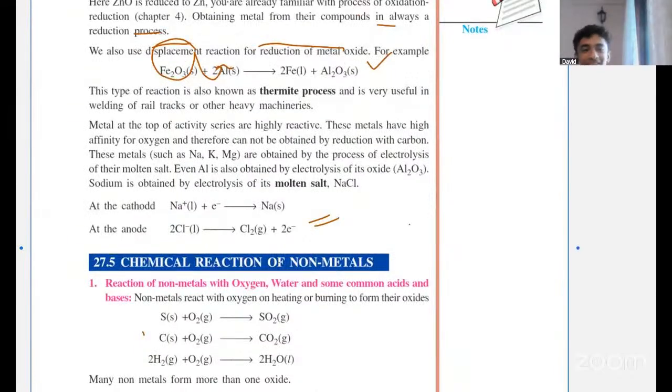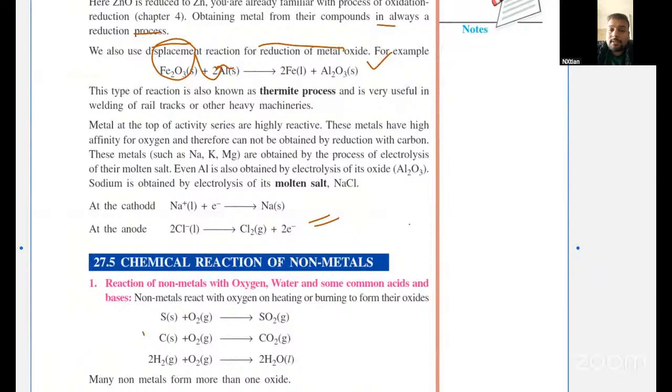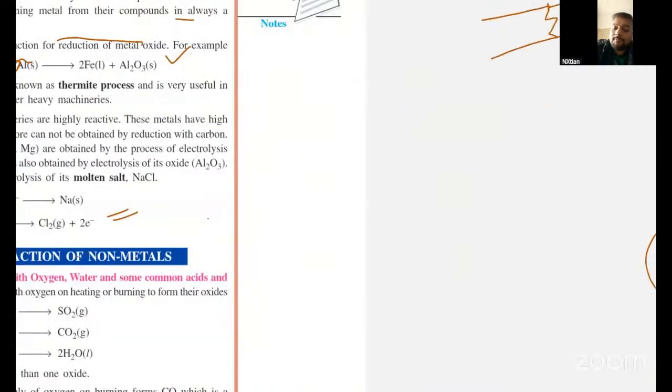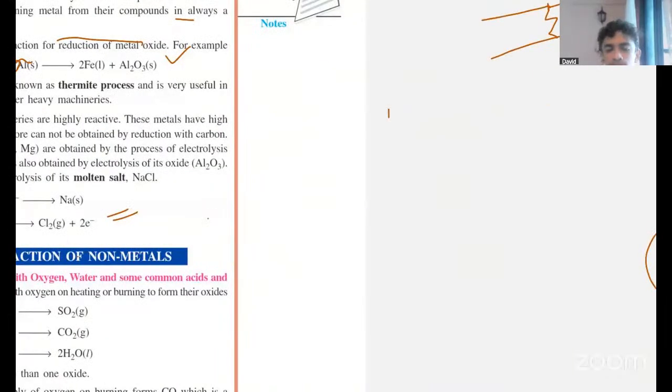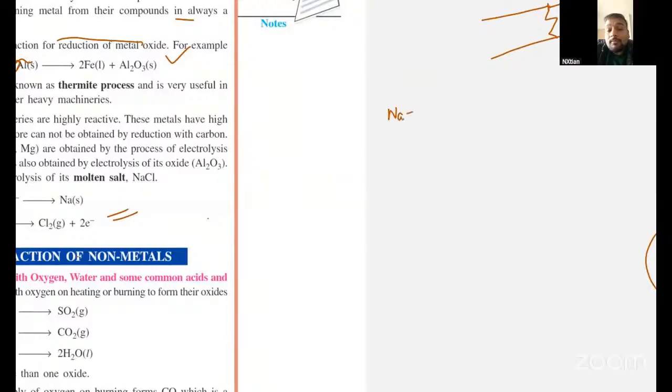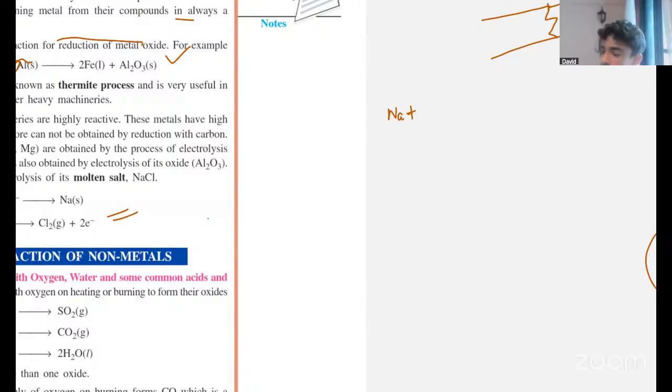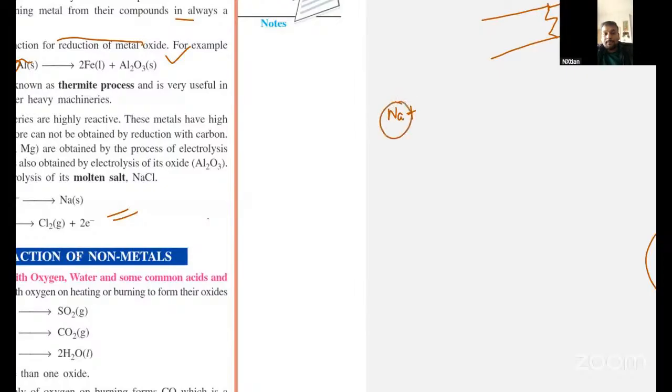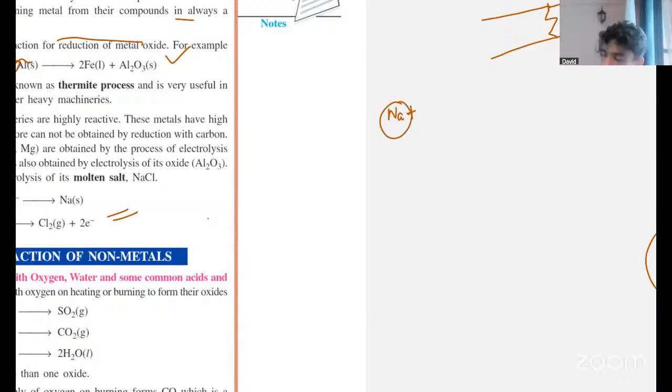Okay, so now I told you the top of the reactivity series, for example sodium. Sodium we can't find in the free state because sodium is highly reactive. The atmospheric oxygen which is present will directly react with it.